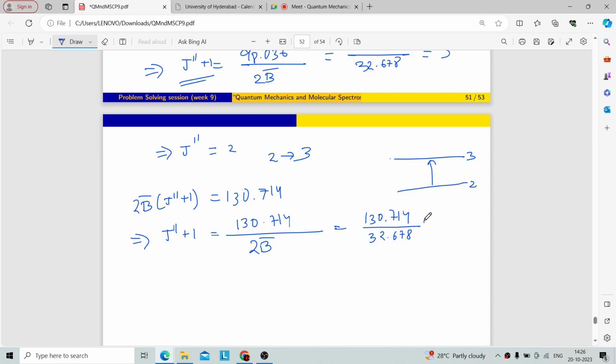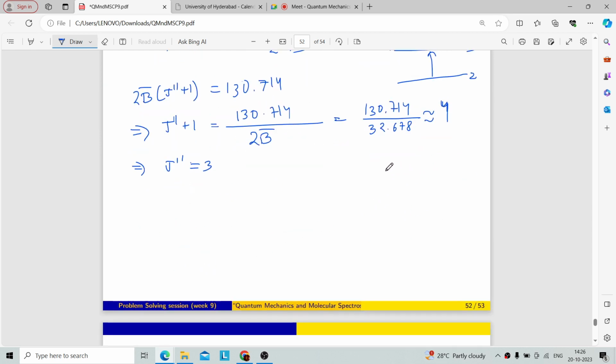If you solve this, it gives a value of approximately 4. Then J double prime will be 3, right? So for this line 130.714, there will be a transition from the 3rd to the 4th state. This line is coming from the transition from 3 to 4.